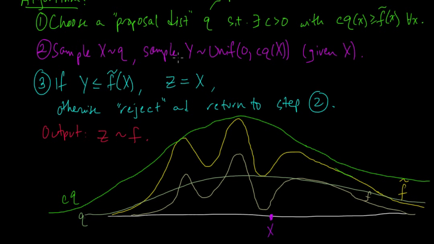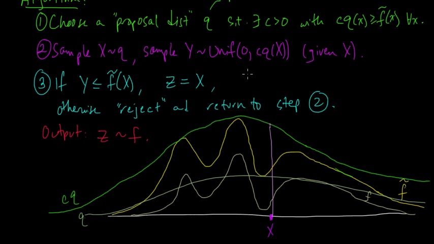And then we draw a sample from the uniform distribution on the interval from 0 to cq(x). We could visualize that interval vertically. This was cq(x) right here. So it's this interval, if we turn it on its side.